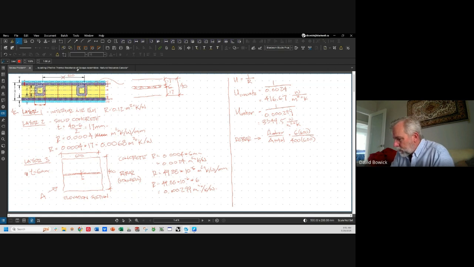So the total area is 600 by 400. So 6 times 600 divided by 400 times 600. I get 0.015, equals 1.5%. So 1.5% of that surface area is rebar.